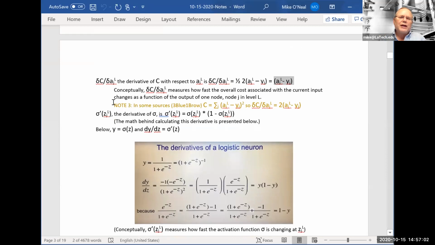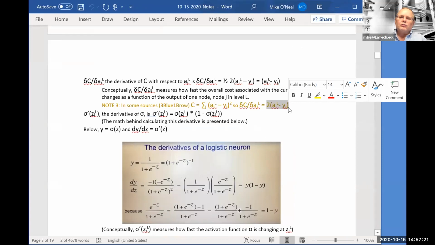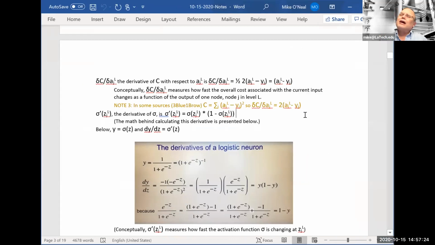So that was that. I do make a note here in the videos that we're going to show by 3Blue1Brown, he does not put a 1/2 in front. So because he doesn't put a 1/2 in front, he's going to write the derivative of the cost function with a 2 in front of it. Offsetting these things by a constant, especially a small constant, is not going to make any difference whatsoever in the end.